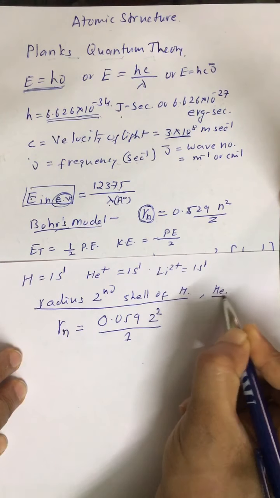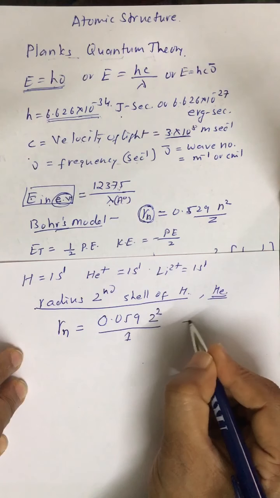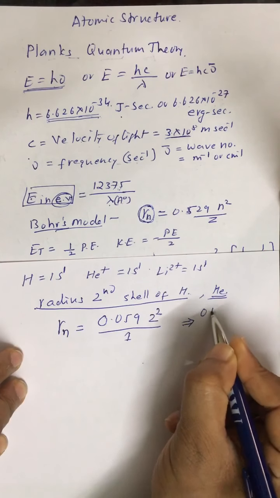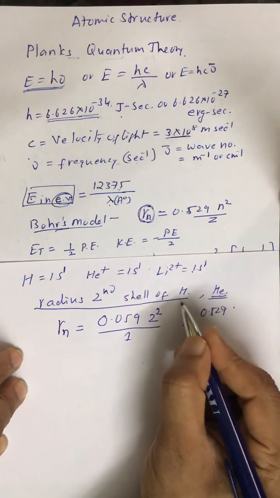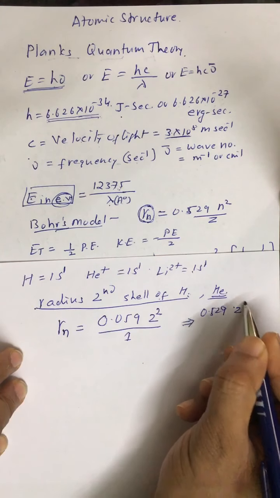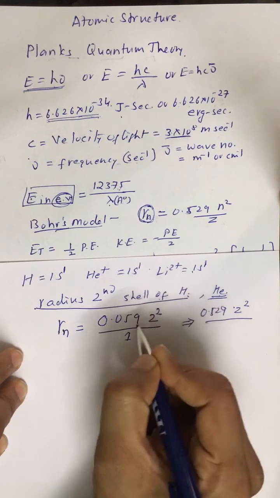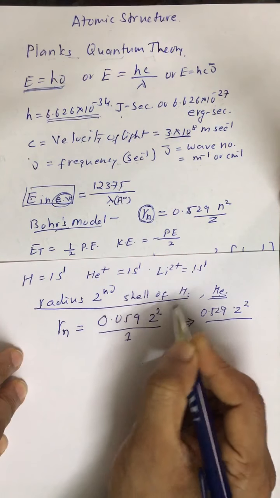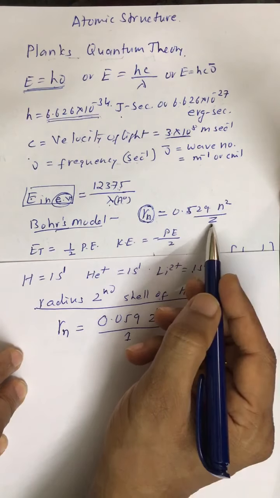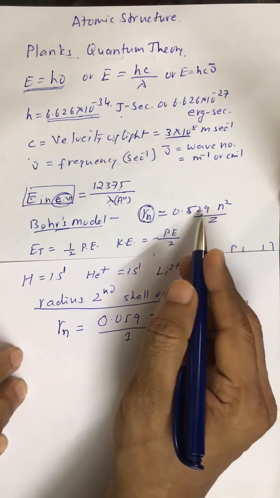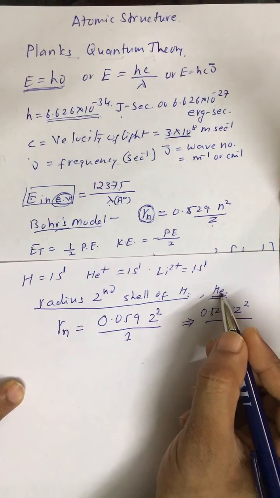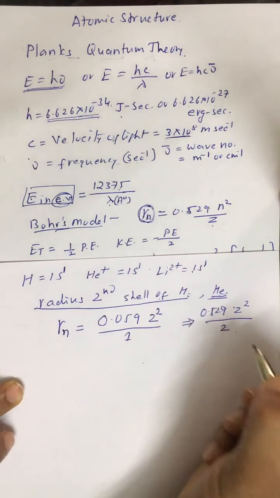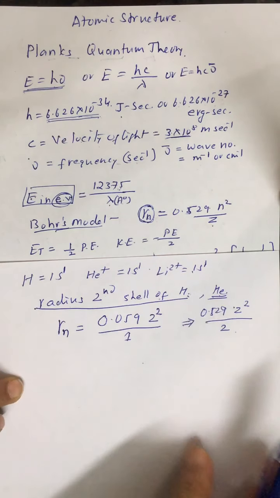If it is for helium, you can use 0.529 n square for second shell. Same question, second shell. So this is 2 square divided by, it is 0.529 n square upon z. And what is the value of z for helium? It is 2.